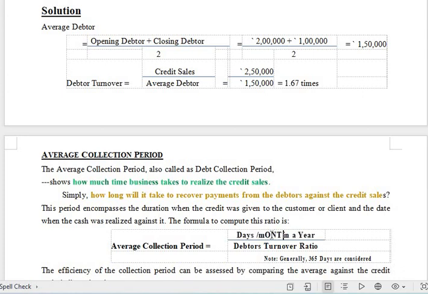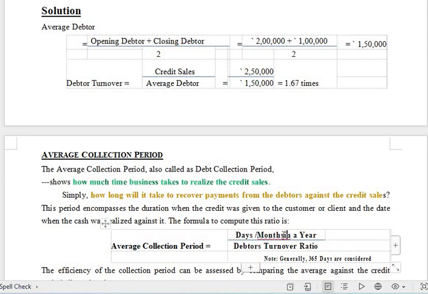How many days in a year? 365 days in a year divided by debtor turnover ratio. If we are going to calculate months, how many months in a year? 12 months in a year. So 12 divided by debtor turnover ratio.